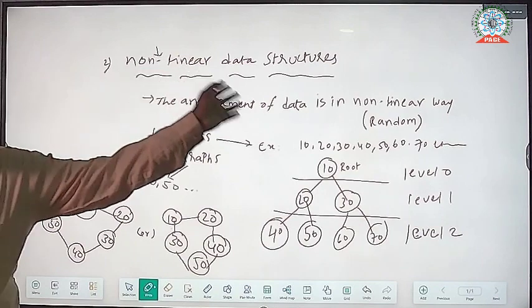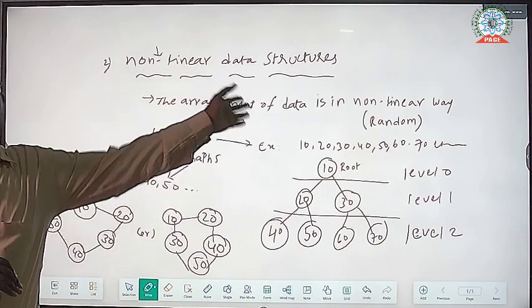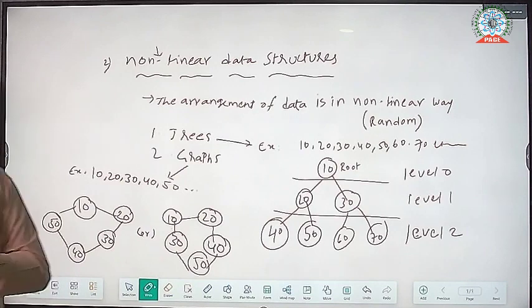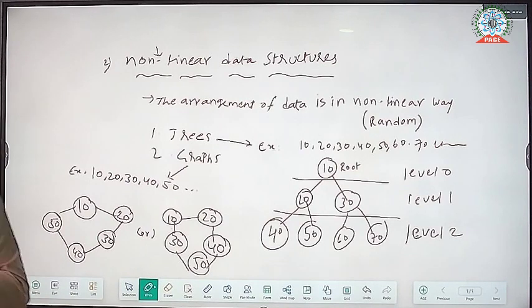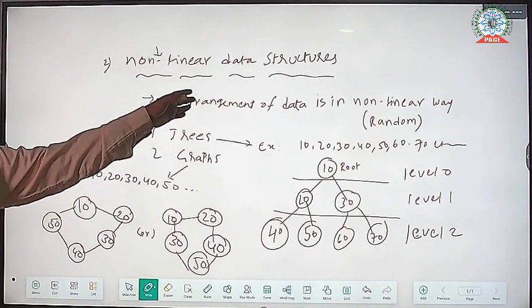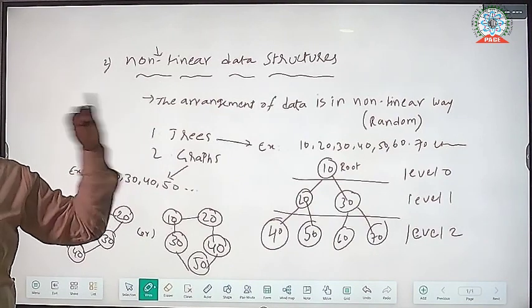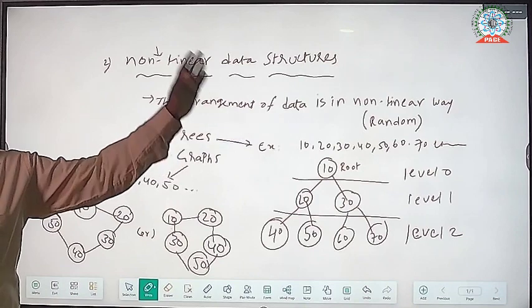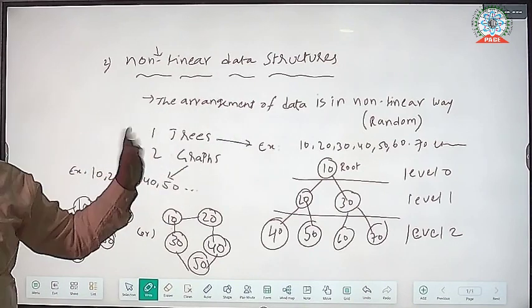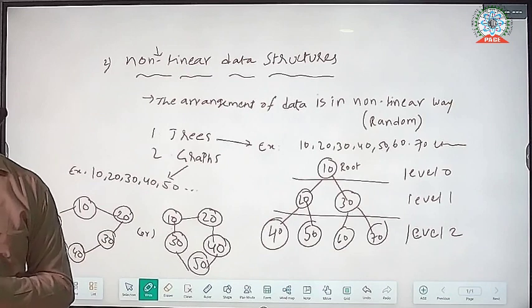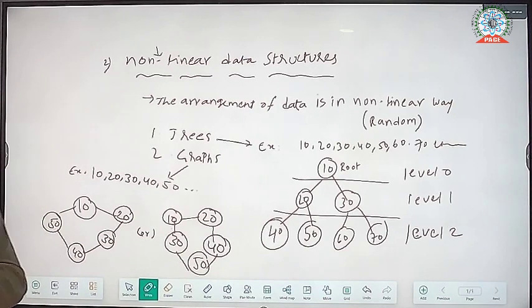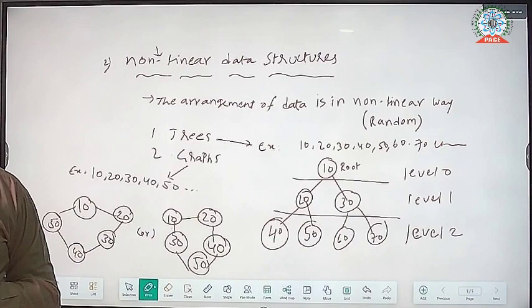Later on, the non-primitive data structures are categorized into two: linear data structure and non-linear data structure. The linear data structures are organized in different ways, that is arrays, stacks, queues and linked lists, and the non-linear data structures are classified into two, that is trees as well as graphs. Now I hope you have a complete idea regarding the complete classification of data structures.